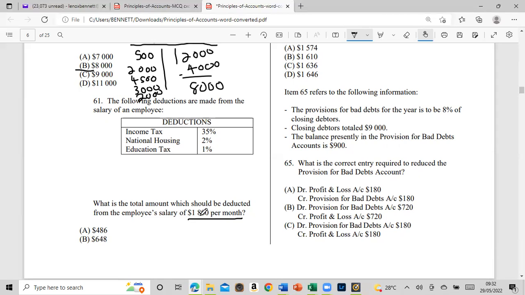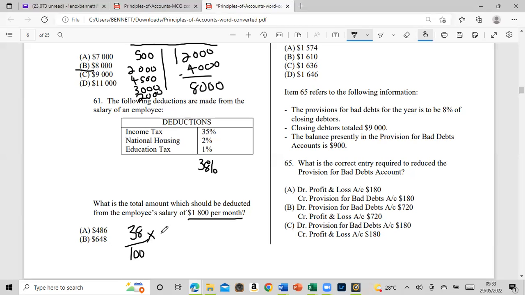All right, so this is his gross pay, and we're going to find out how much tax should be deducted. What I would do is to add this 35 plus 2 plus 1 because there's no condition, right? So the total would be 38 of this, and that should give me the total. So that's 38%. Percent out of 100.